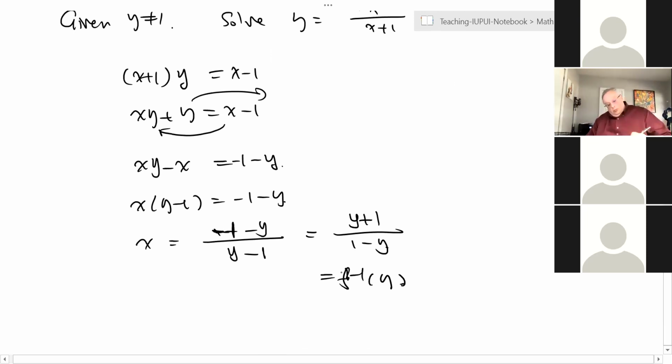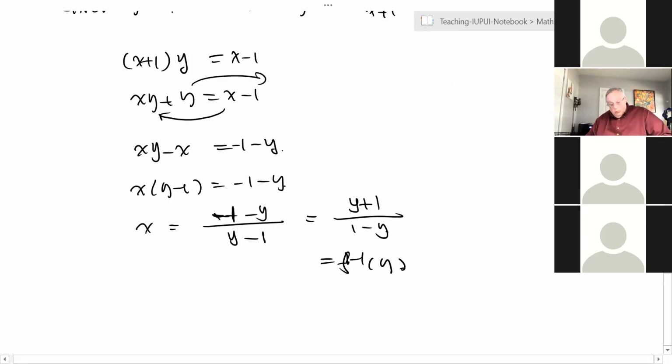Okay, we read it, f inverse, the inverse of f, of y. Okay, so we find a new function, and this is called the inverse of the function. And this relationship defines the inverse. Okay.